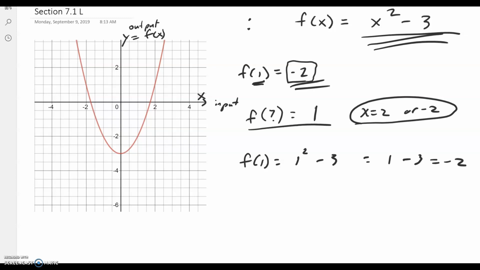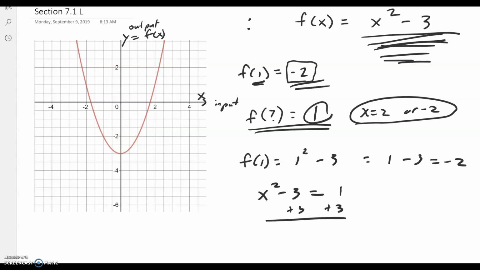If we want to answer this sort of backwards question, we could put that x squared minus 3, that's the output of this function, needs to be 1, and we could solve by adding 3 to both sides. And then taking the square root of both sides.